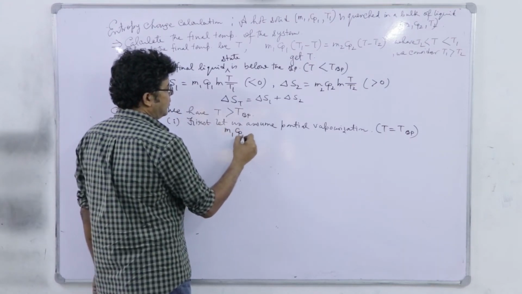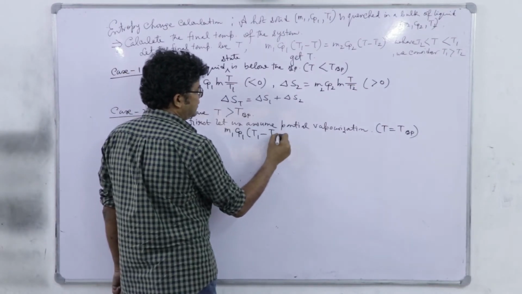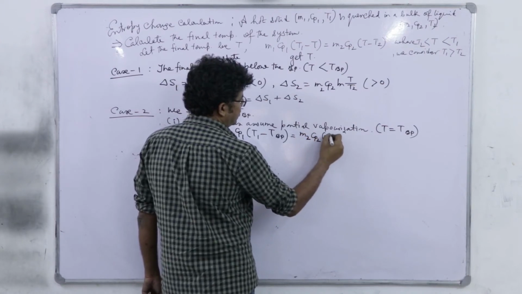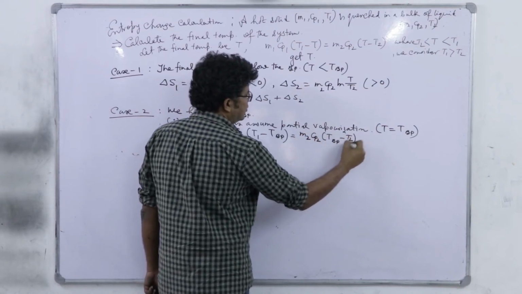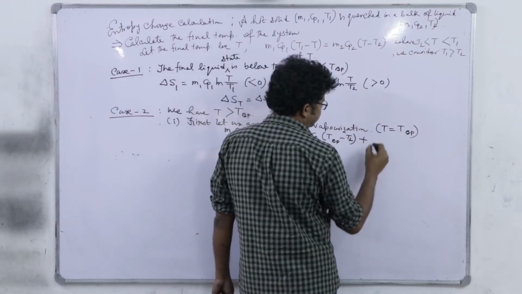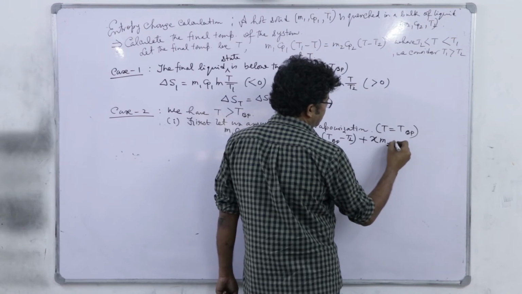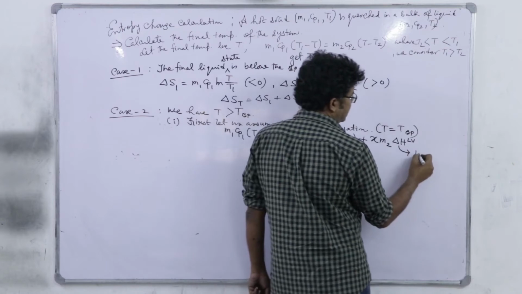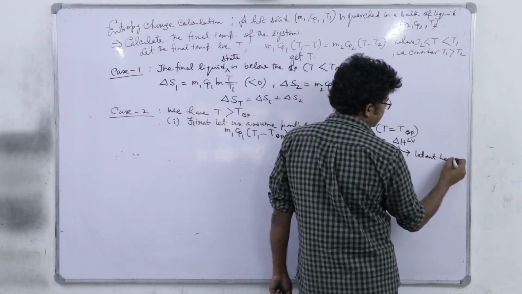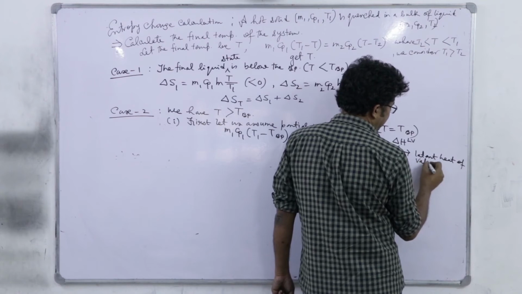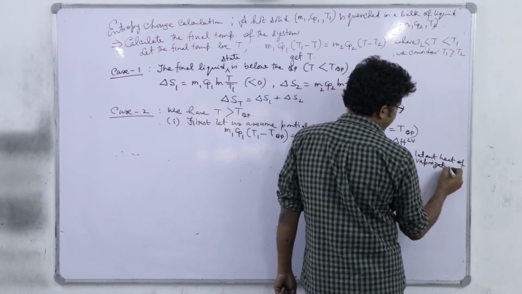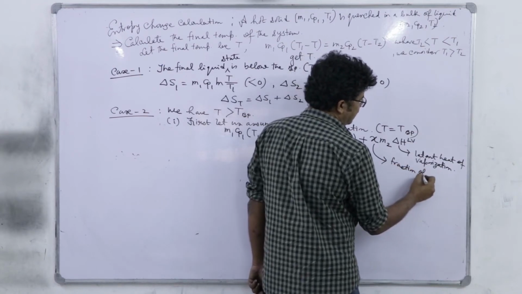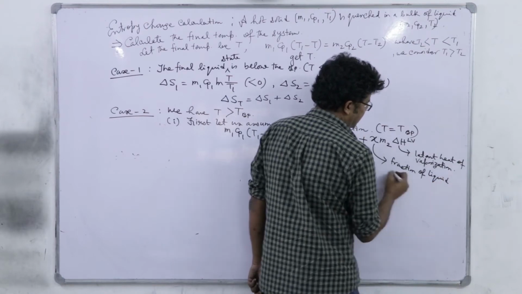So m1 Cp1 (T1 minus TBP) is equal to m2 Cp2 (TBP minus T2) plus x into m2 into delta H LV, that is the latent heat of vaporization, and x is the fraction of liquid vaporized.